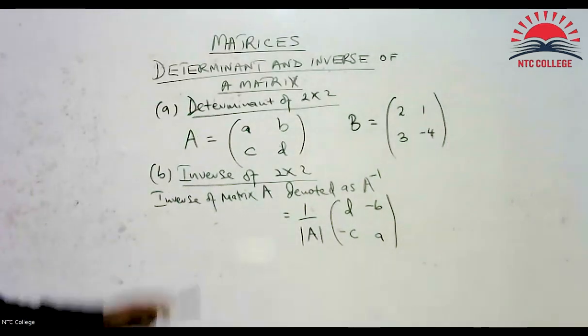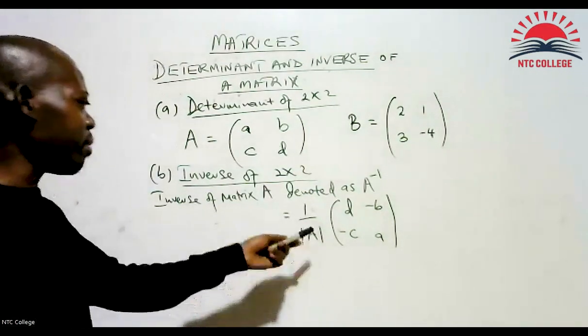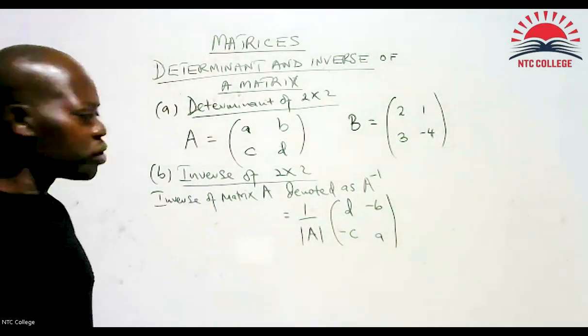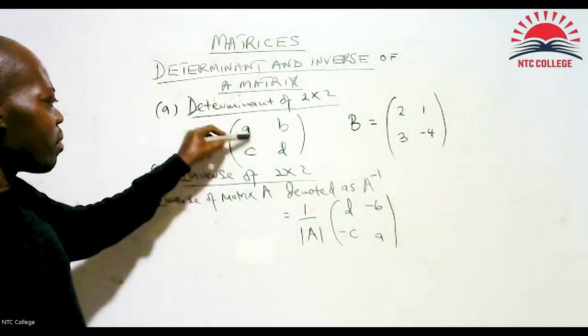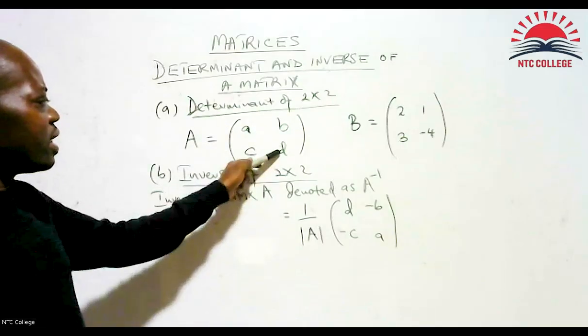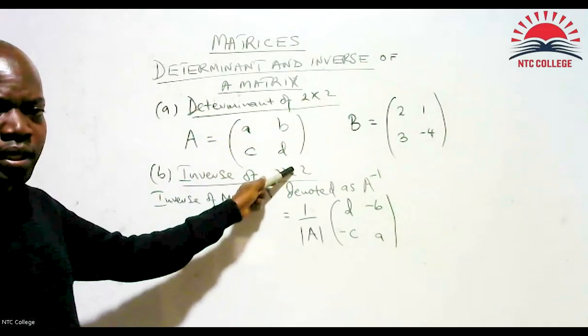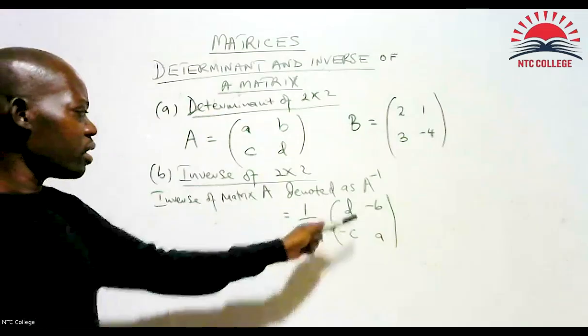So its inverse is obtained as follows. It must be 1 all over the determinant into, now what you do, the elements in the main diagonal, interchange them, such that D is coming in place of A and A goes in place of D, as you can see.